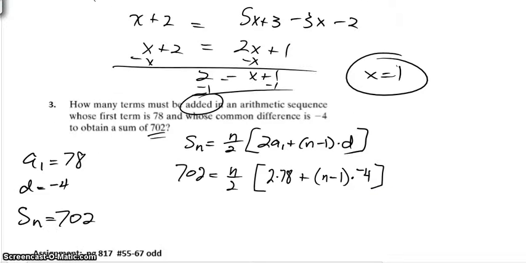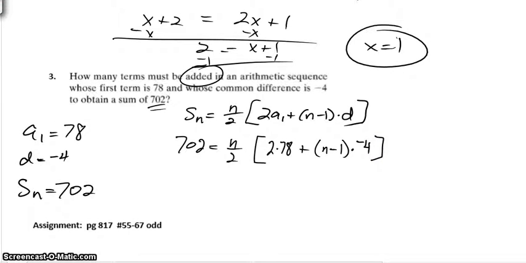And sometimes kids look at that and understandably will say, wait just a minute, this looks like it's a mess. Yeah, it does. Tell you what, let's clean this up a little bit. 2 times 78, well, you definitely could do that. You could also just distribute a 1/2 into the big brackets as well. Do you see how that might help? Would you like to do that instead?